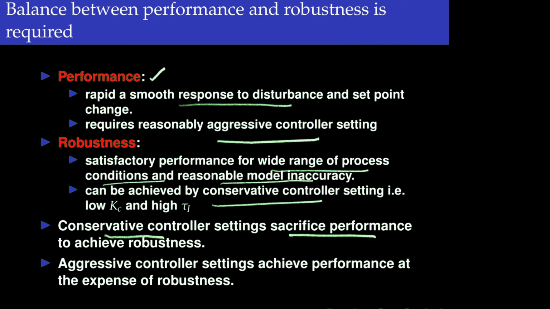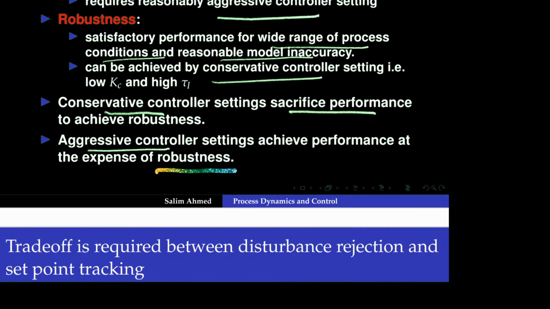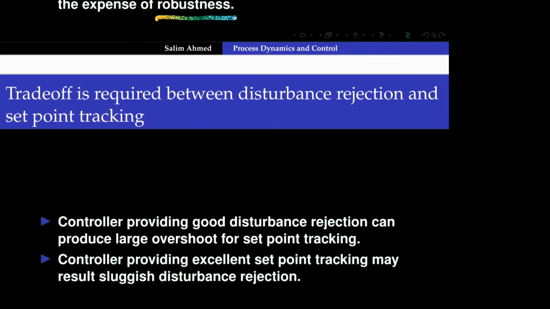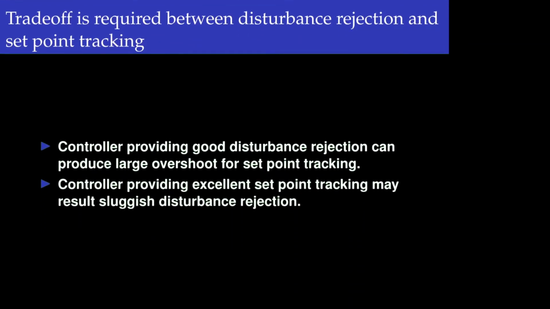However, when you have an aggressive controller, you'll get performance, however, at the expense of robustness. So there is always a trade-off between performance and robustness that you need to consider. And depending on the process, you need to consider whether to make a controller conservative or aggressive, depending on what you want the response to be.